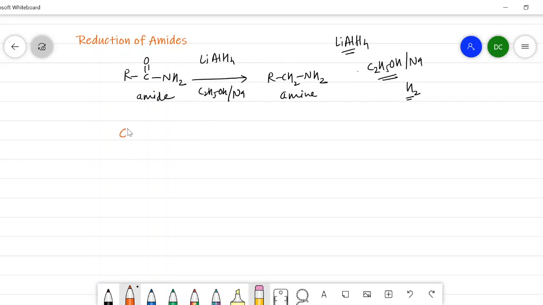For a specific reaction, I will write CH3C double bond O NH2, acetamide. It is the structure of acetamide. When it is treated with lithium aluminum hydride in presence of ether, there is a formation of CH3CH2NH2, that is, ethyl amine.